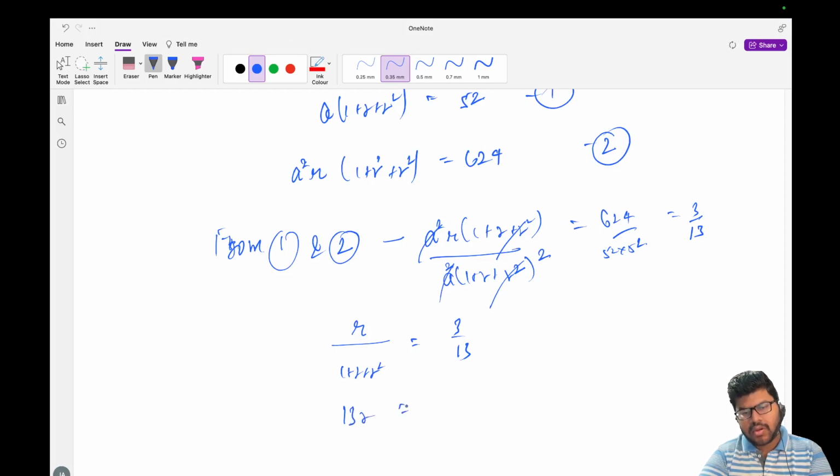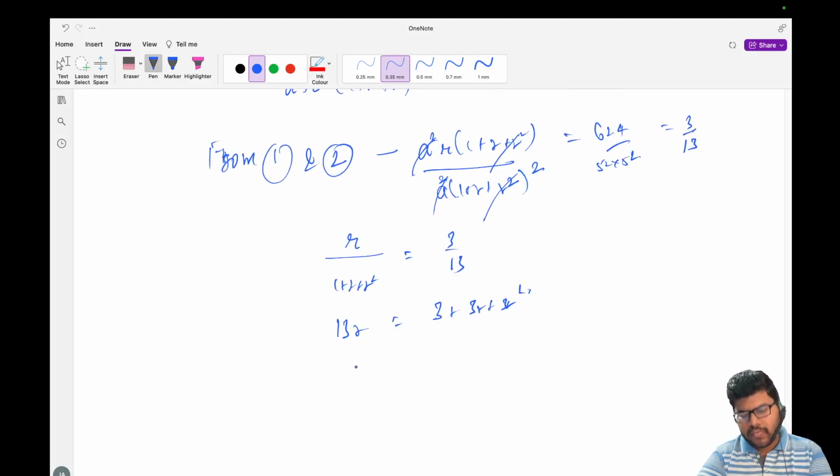So 13r equal to 3 + 3r square. So जब इसको सॉल्व करा by quadratic equation, what we got is r equal to 3, 1/3, right?